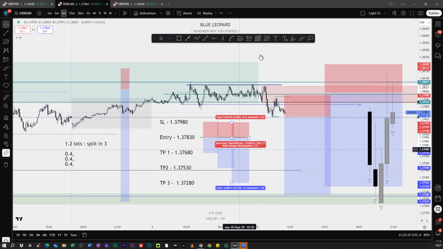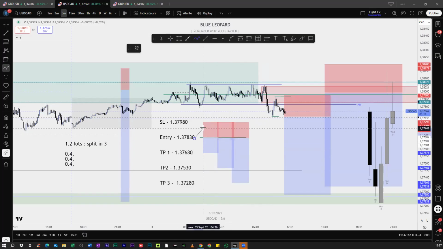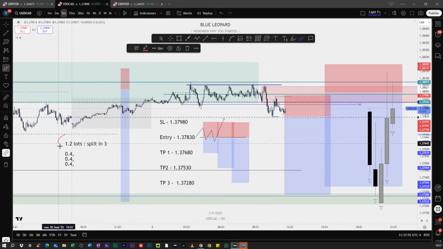Do you know why I do that? When the market activates my position, as soon as all the 3 positions are running, if I lose, I will lose 1.2 lots. Okay?